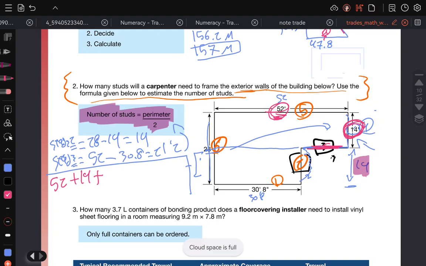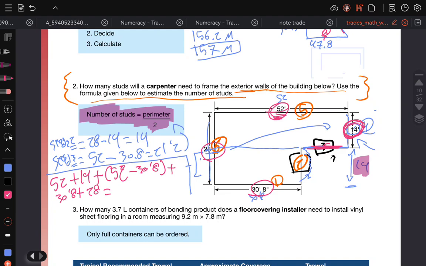It's going to be 5.2 minus 38, plus 38, plus 28, the last one, number 6, 28.